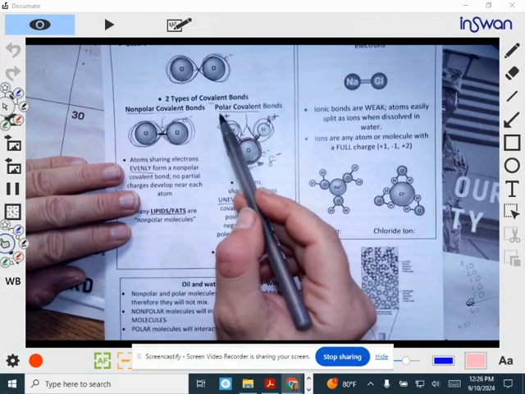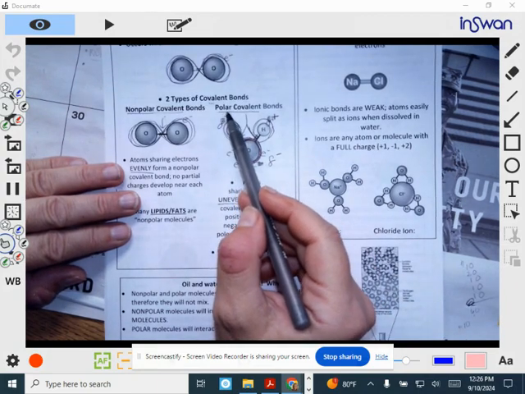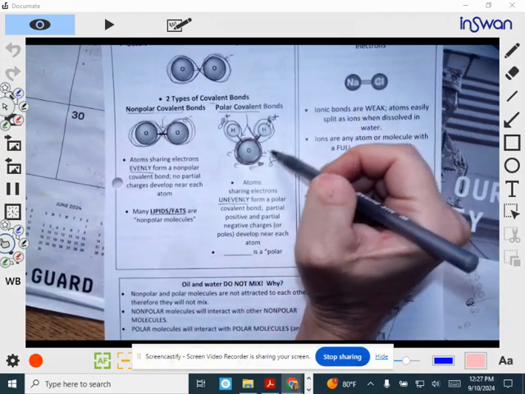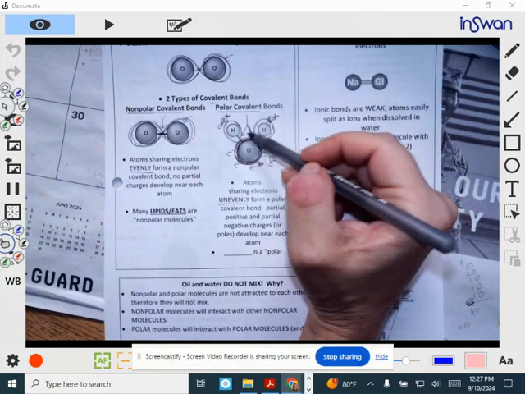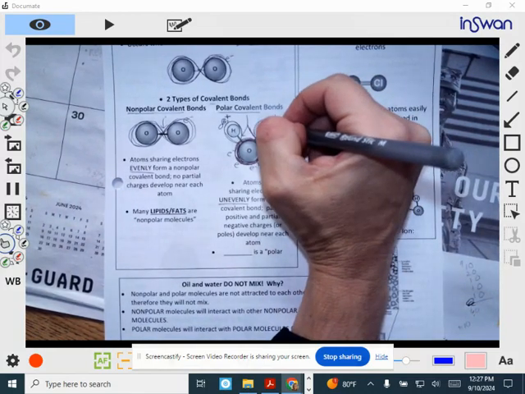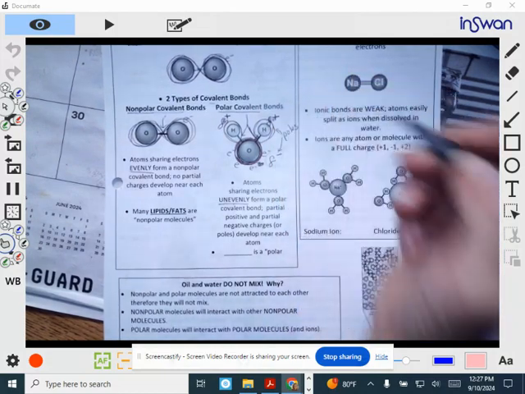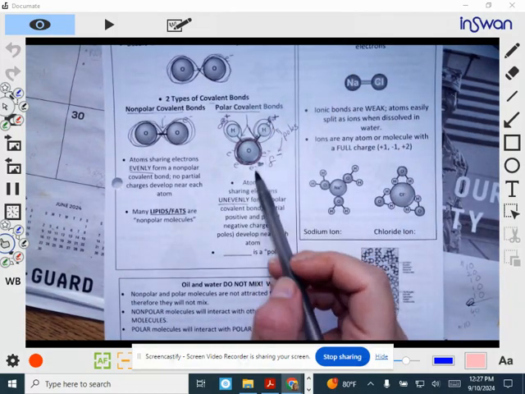Now something to help you remember that in polar covalent bonds the electrons are being shared unevenly is these symbols that you wrote there. Those are called the poles. So we say poles develop if electrons are being shared unevenly.